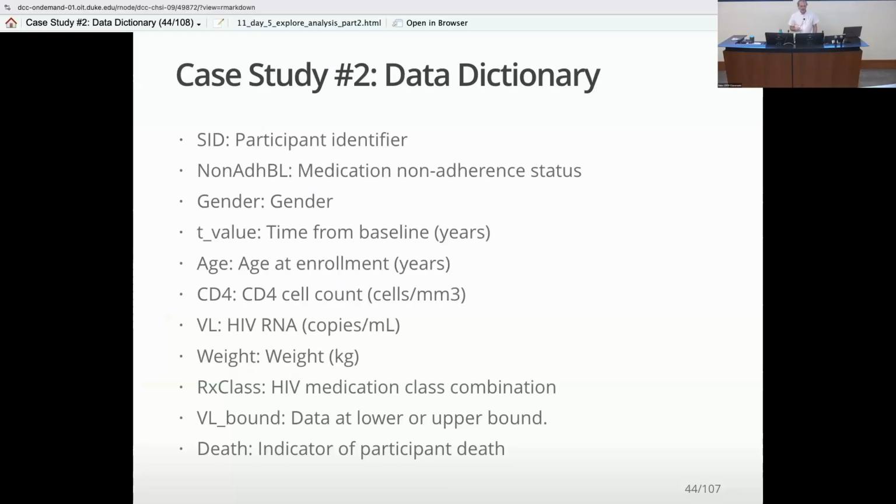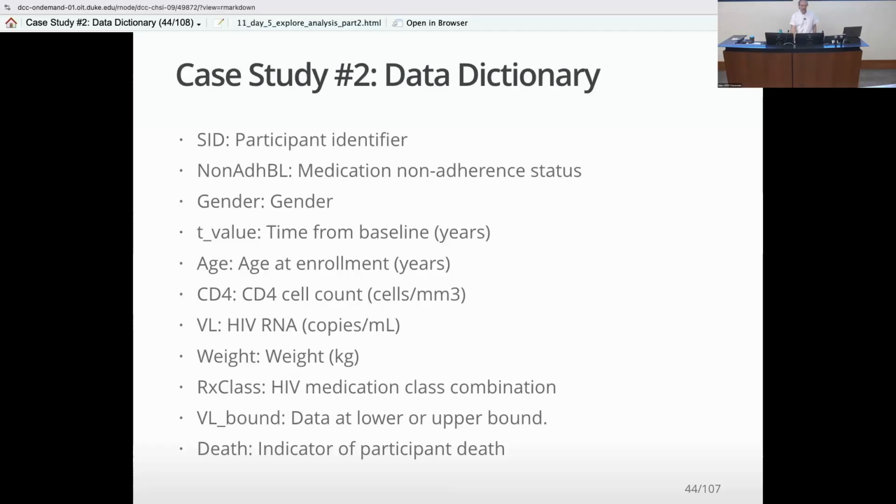Okay, so time from baseline. Yeah, so it is continuous numerical. Although it says in parentheses here, years, it's probably represented in the data as an integer, but it is technically a continuous variable.